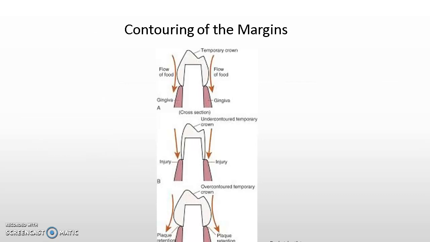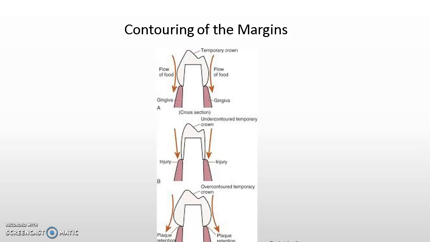So in this visual, the top picture is a temporary placed, and there's adequate contouring of the temporary. It allows food to flow over the sides of the teeth and not smush or traumatize the soft tissue. The middle illustration of B has an under-contoured temporary, which allows food to jam itself right into the soft tissue at the base of that temporary crown.